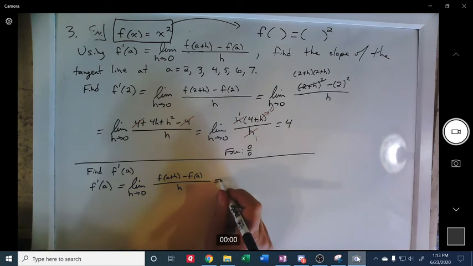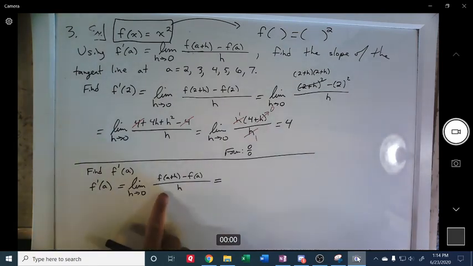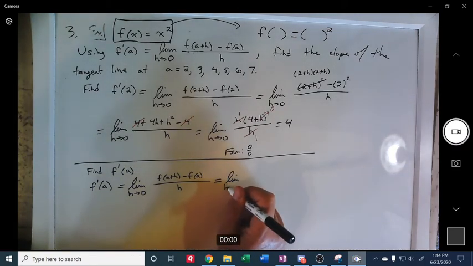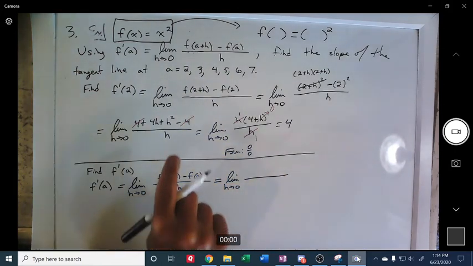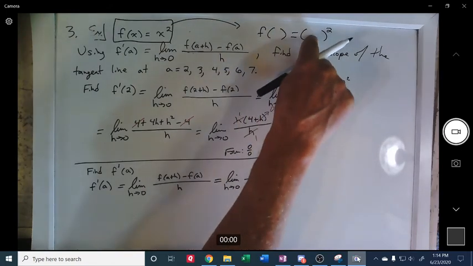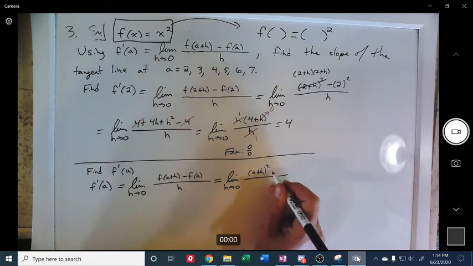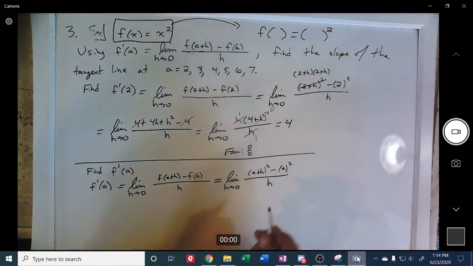And this algebraic skill, we learned how to manipulate these things, starting with the difference quotient and then going up to limits, was really a powerful tool that we used. f of a plus h, now a plus h goes here and here, and I just get that, and then a squared over h.